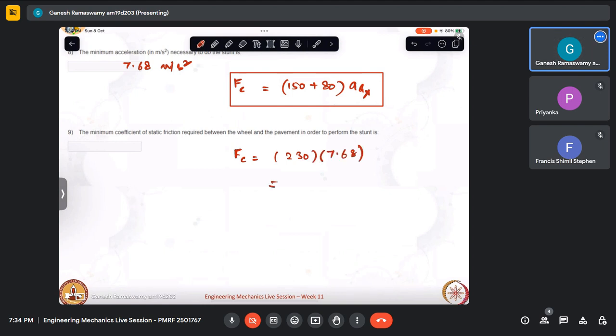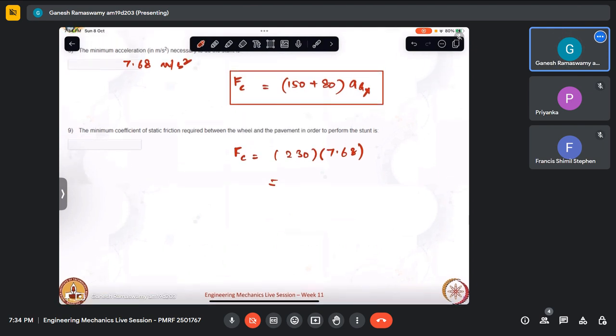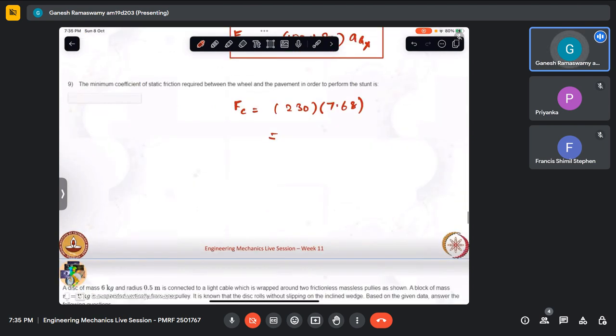What does that come out to be? Sorry, this comes to 1766.4 Newton.